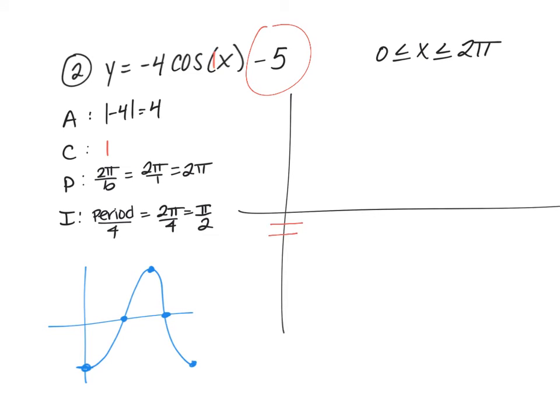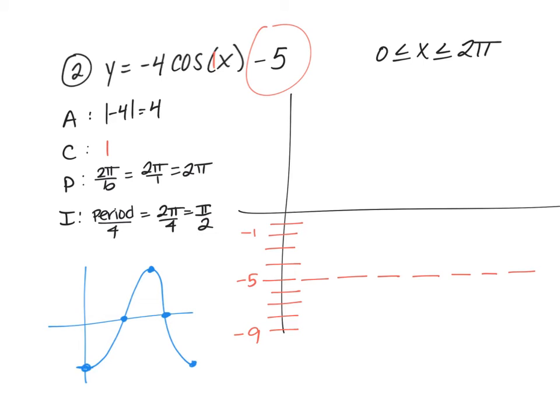So 1, 2, 3, 4, 5, and draw in your new midline. Our amplitude 4 tells us to go up 4 and then down 4. So down 4 first, 1, 2, 3, 4, and let's label. So this is at -5, so down 4 would be -9, up 4 would be at -1.